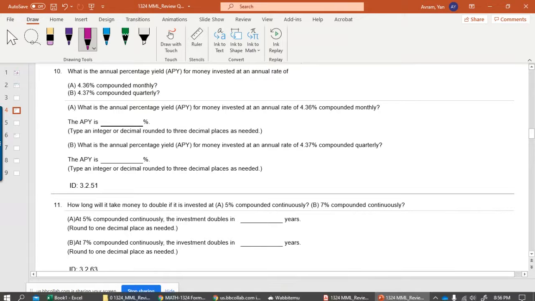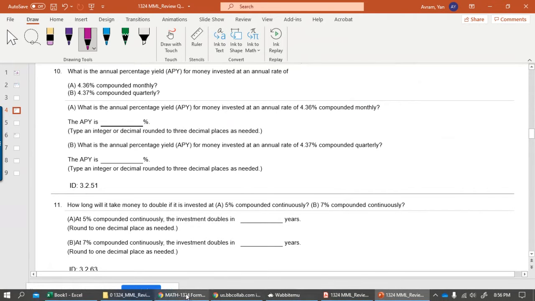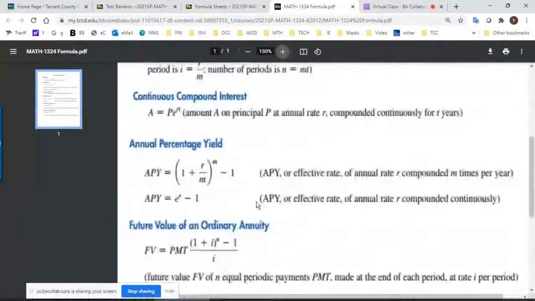All right, so we have an APY formula in here. Okay, this is the APY formula. So the APY or the effective rate is the annual rate compounded n times per year. And this is compounded continuously. So to find the APY, we're going to use this formula: 1 plus r over n, to the n power.